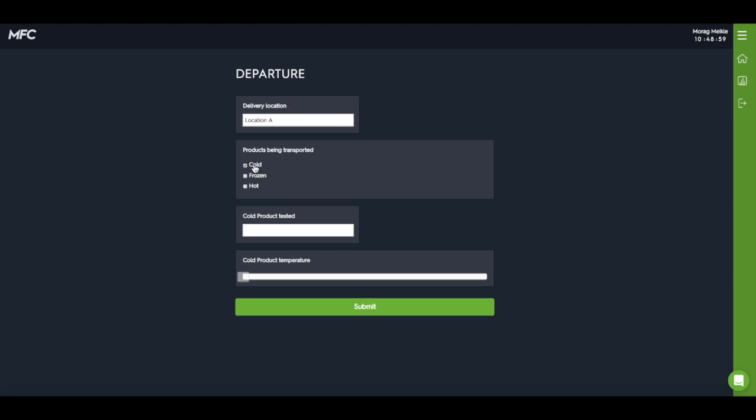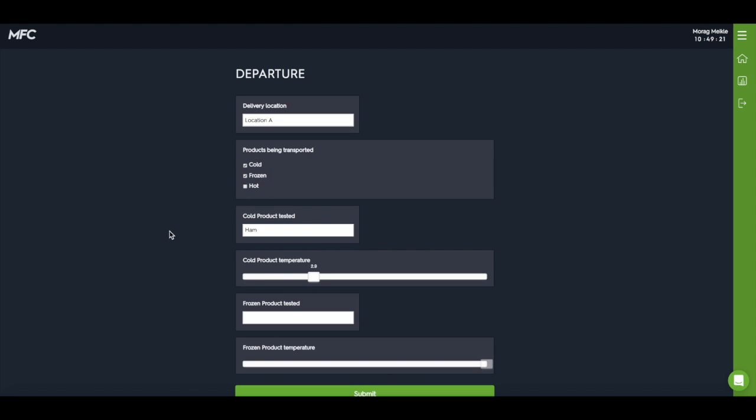So if there's many cold products coming from the same cold room, we only really need to take the temperature of one of those products as a representative sample, in a similar way that we do to incoming goods, for example. So if we were to test the ham and that product temperature was 1.6, whatever that might be, we input that temperature there.